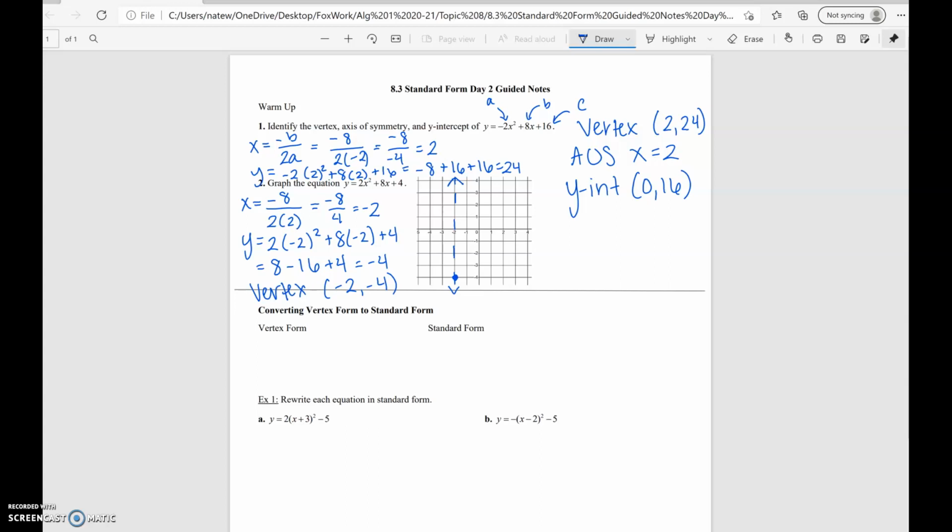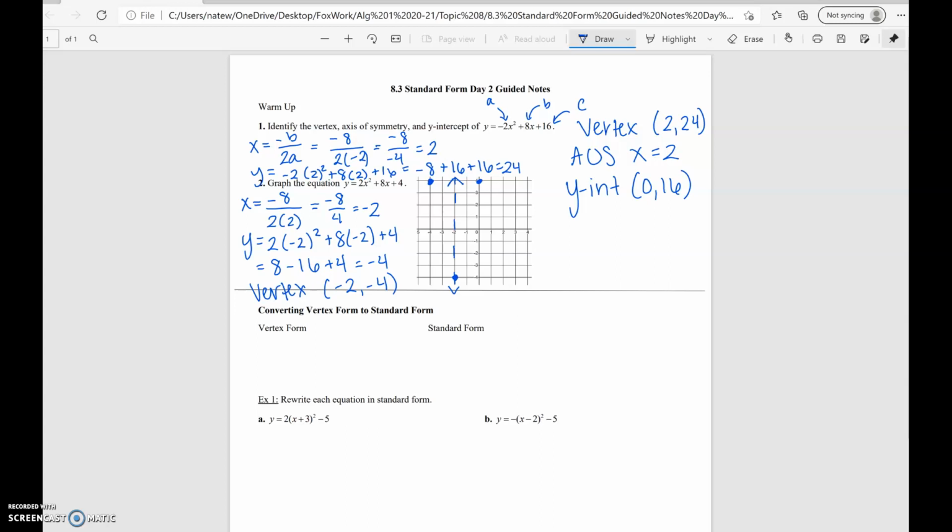And then our y-intercept is at 0, 4, so way up here. So the vertex is here, our y-intercept is here, which means there's another point 2 away up on that same level. This one was 2 away from the axis of symmetry, so that one's going to be 2 away on the same level because the axis of symmetry cuts it in half.